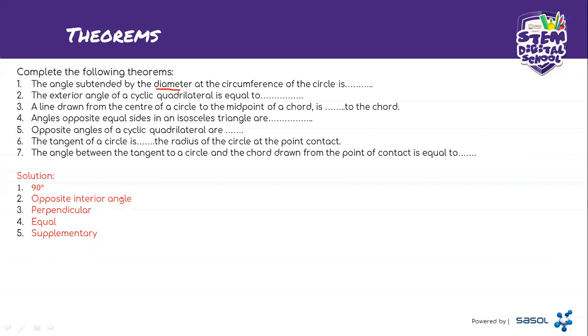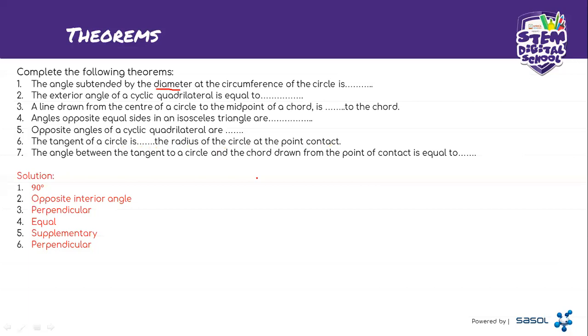And then number 6, the tangent of a circle is what to the radius of the circle at the point of contact? Now our answer is the tangent of a circle is perpendicular to the radius of a circle at the point of contact.